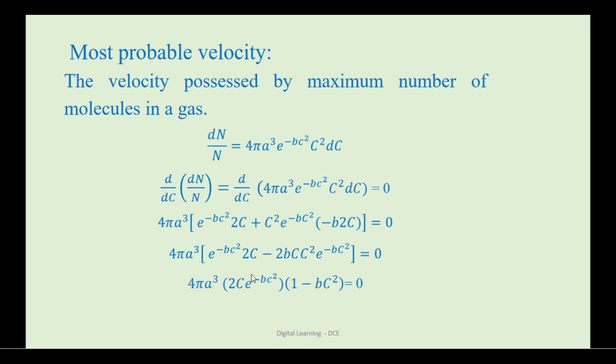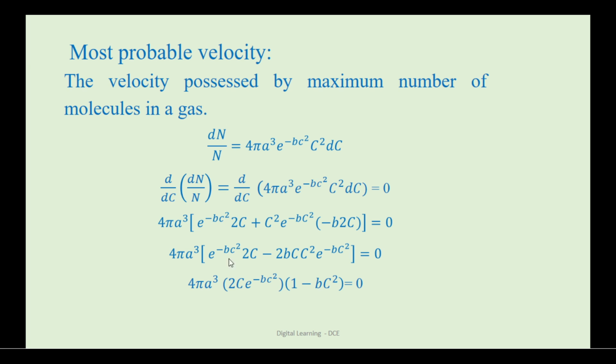Then on further simplification, we get 4 pi a cube into e to the power minus bc square 2c minus 2bc c square e to the power of minus bc square, that is equal to 0.